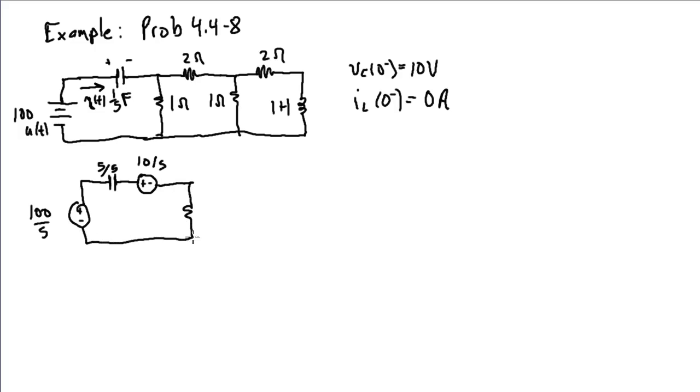Bring down this 1 ohm resistor, this 2 ohm resistor, another 1 ohm resistor here, this inductor, because the initial current through it is 0, the equivalent model is just the sL impedance, and since L was 1 here, I'm left with this.